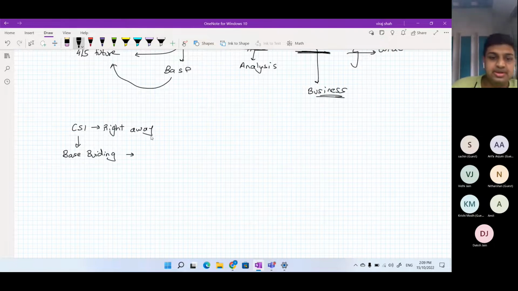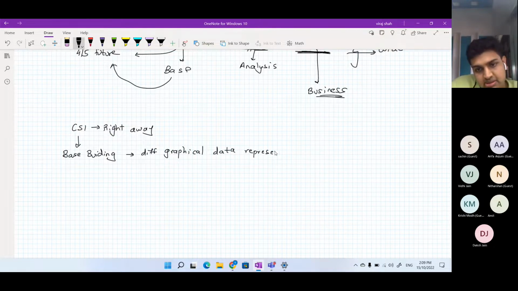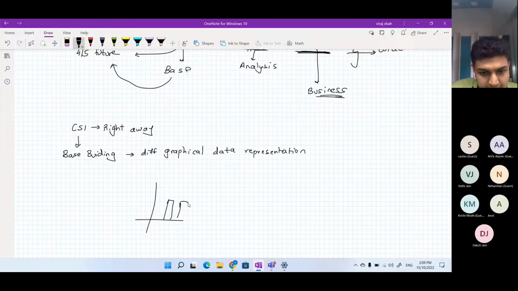First, we'll be learning different graphical representation, or you can say data representation. We are going to first cover this. So what are the different methods? You must have heard about bar plot or your normal histogram.